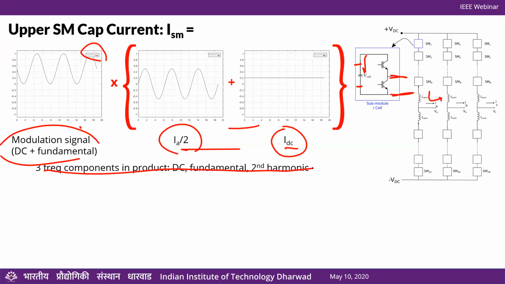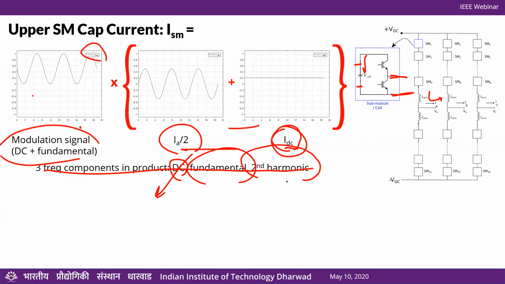Now, by definition, we have designed our IDC component so that this DC turns out to be 0. So the DC of this times all this, everything should cancel out, and we should not get any DC component. So we know that this is definitely 0. Fundamental, we know, is definitely non-zero.